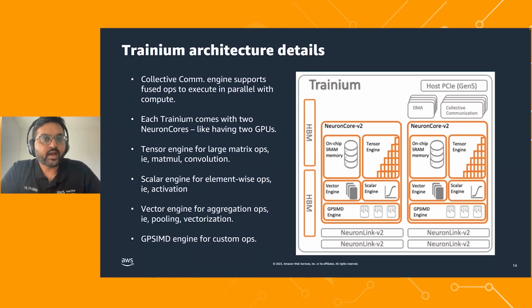Since we have a separate engine for each type of processing, it makes Neuron much more efficient compared to other accelerators out there. And for inter neuron core communications within an instance, we have NeuronLink v2, which enables fast communication between the neuron cores.